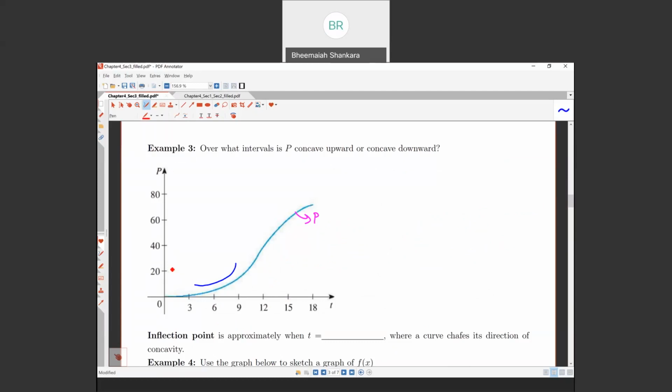But if we give a nice shape, this might be a concave upward curve. So just studying this pattern here, we say that this is concave upward curve. And then 12 will be the inflection point because you're seeing the change in the pattern of the curve.